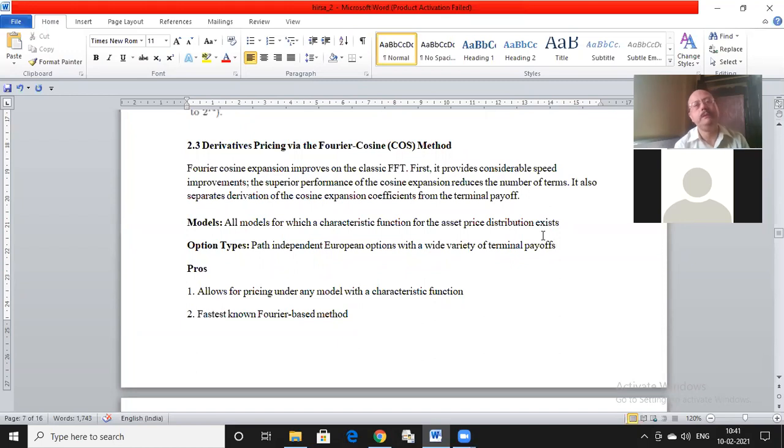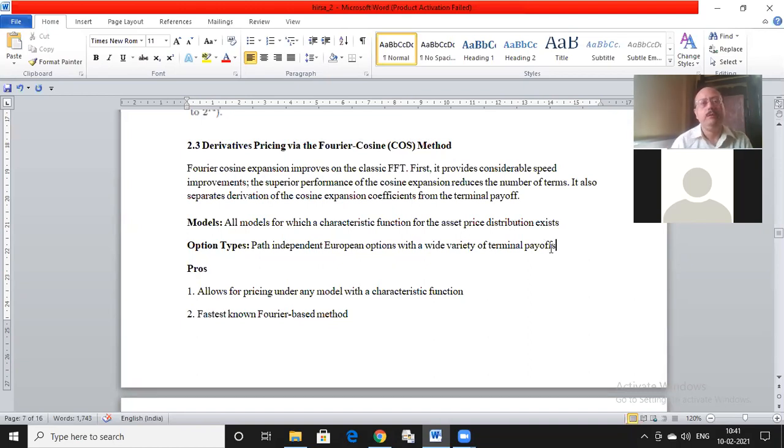This superior performance will also help us if we want to make it faster, we can reduce the number of terms. And a big advantage of the cosine method is that it separates the derivation of the coefficients in the series from the terminal payoff calculation.